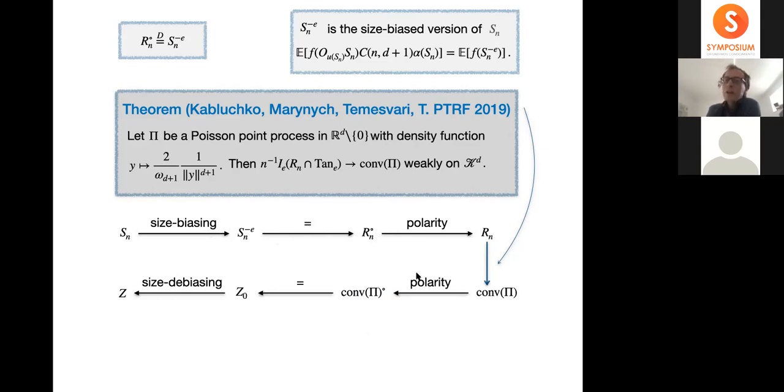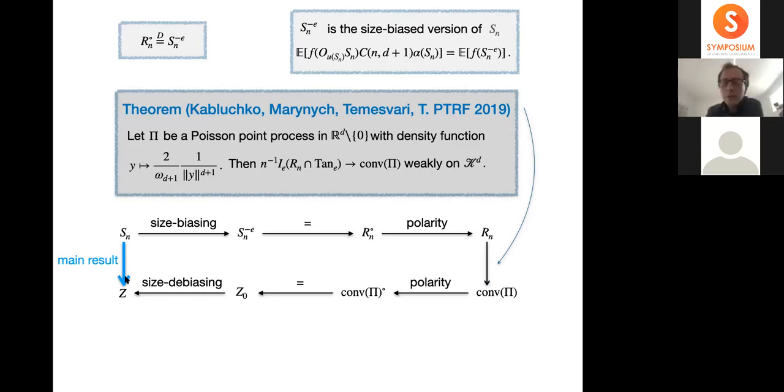And then by polarity, you go back to the polar, which is the zero cell. And by size d-biasing, you end up with the typical cell, which is exactly the implication that our main result says. So to walk around this diagram is not easy and requires a lot of effort.